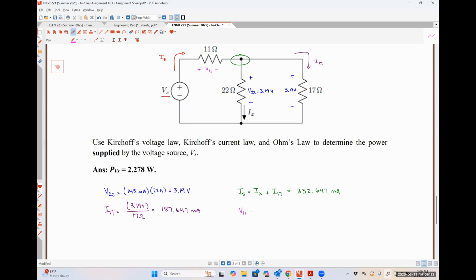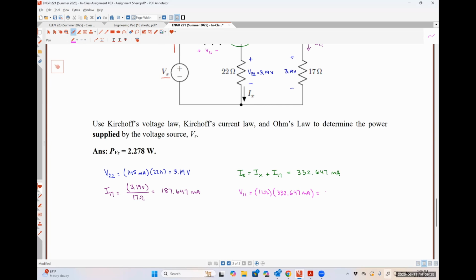So V11 is going to be 11 ohms times that 332.647 milliamps, which comes out to be 3.659 volts.